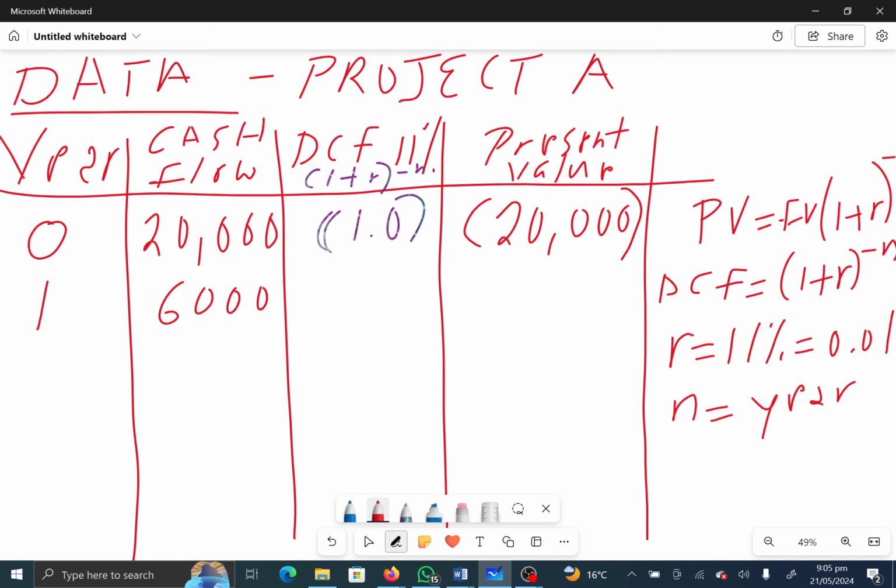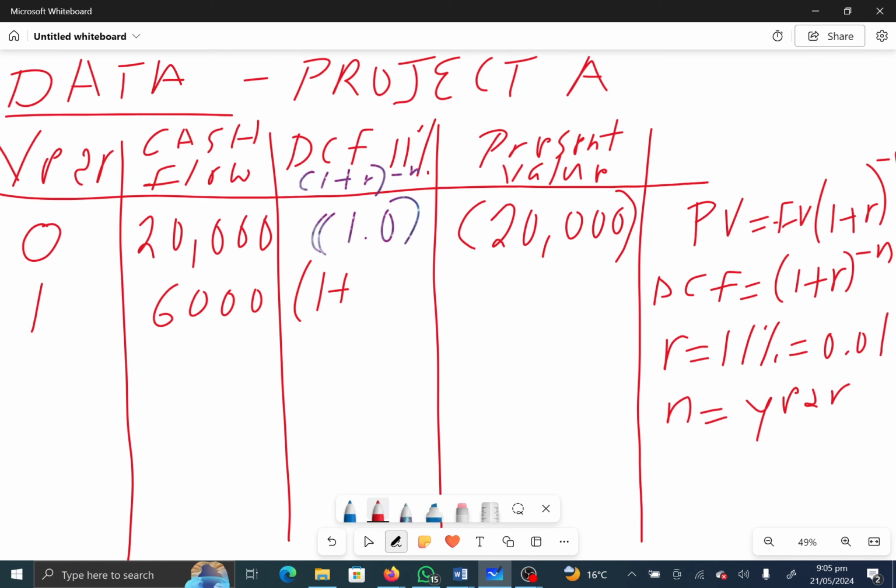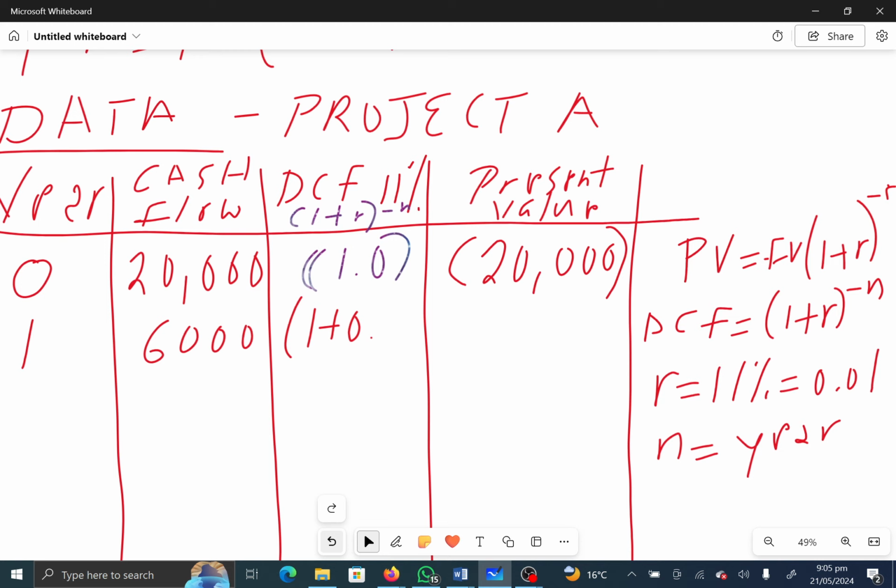Then the discounted cash flow is 1 plus R, which is 0.11.